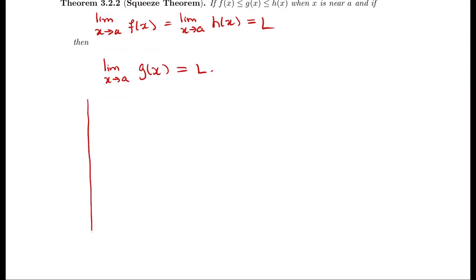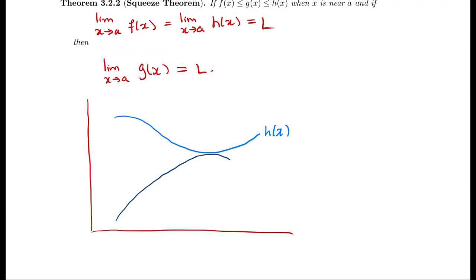So visually, how this would actually look like is that we have the graph here. Say we have one function that goes somewhat like this. Let's say that's going to be the upper function, which is our h of x. Say we have another function that's going to go somewhat like down here. That's going to be our f of x. And say that we have a third function that looks like that.